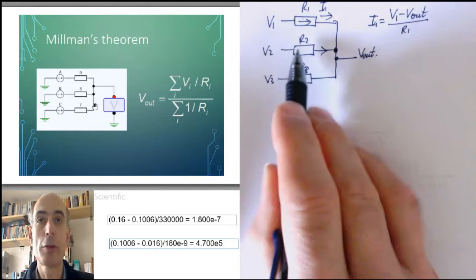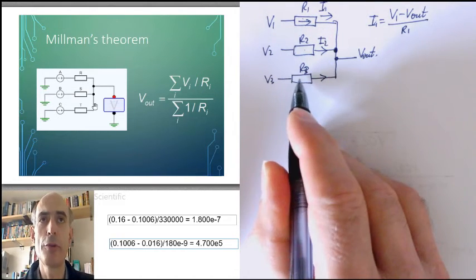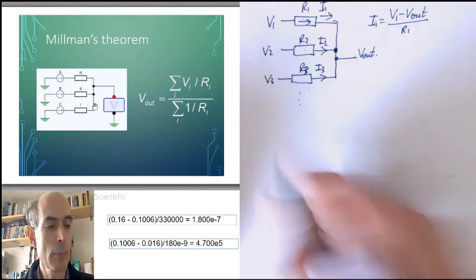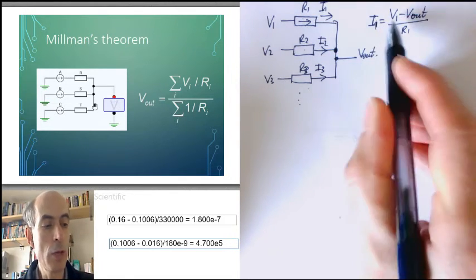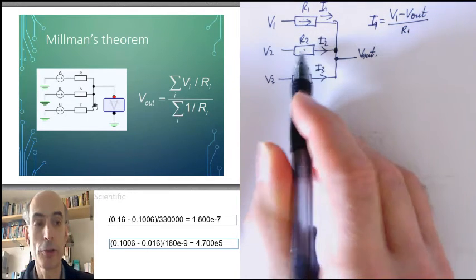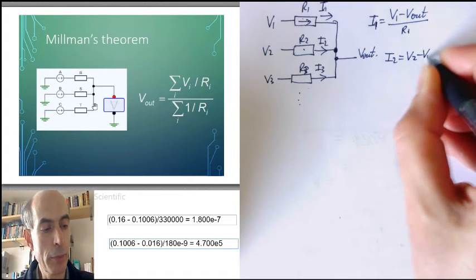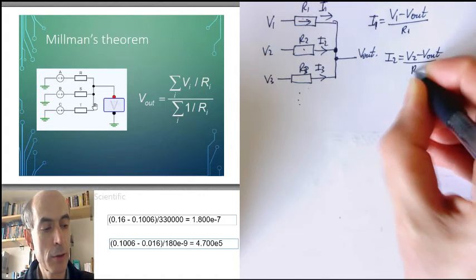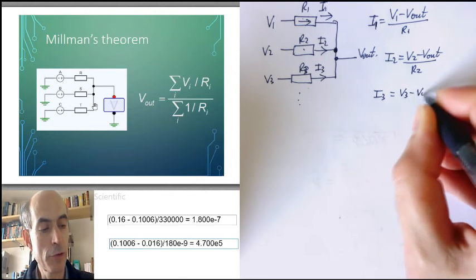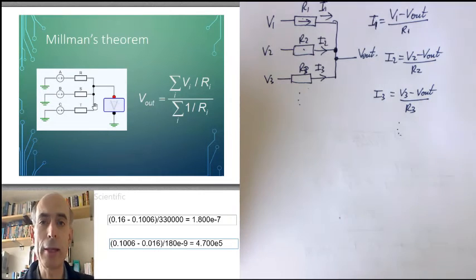The current flowing through this resistor, I'll call it I2. And the current flowing through this resistor, I will call it I3, and so on. So I1 is V1 minus Vout over R1. Apply Ohm's law to R2, and we get I2 equals V2 minus Vout over R2. I3 equals V3 minus Vout over R3, and we could carry on like that.